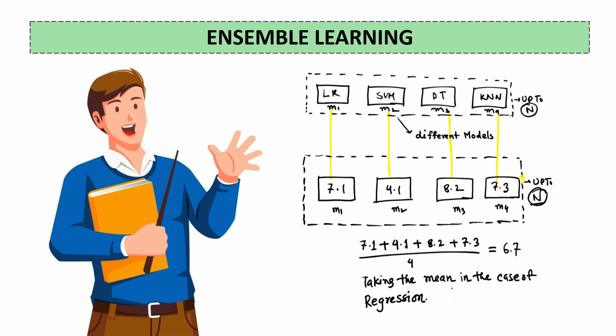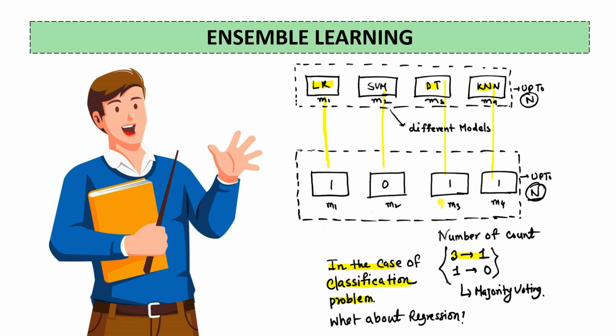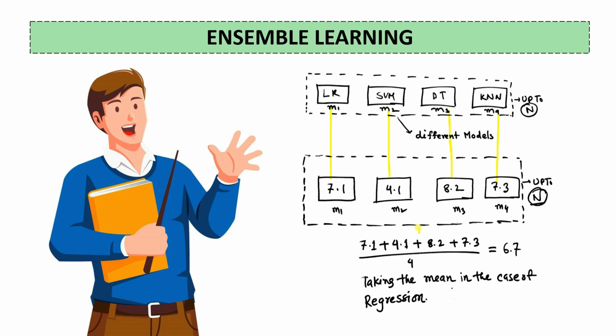We simply add all of them and divide by the number of machine learning models. So we use the mean to calculate the predicted value for regression problems. We use majority counting in the case of classification, and we use the mean in the case of regression.